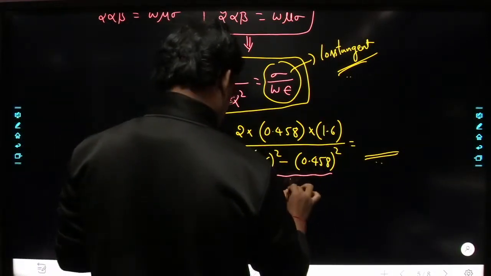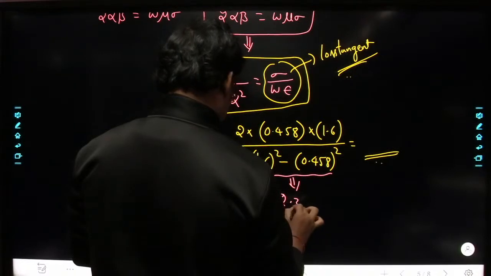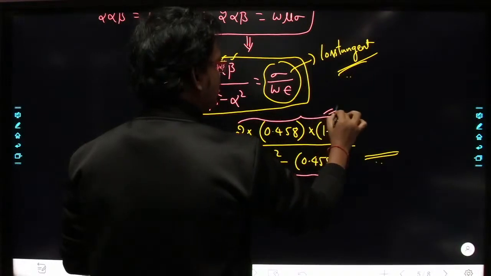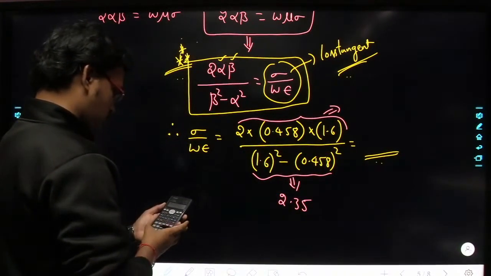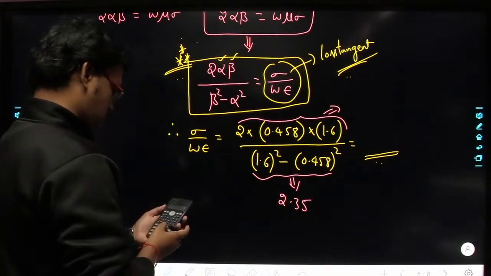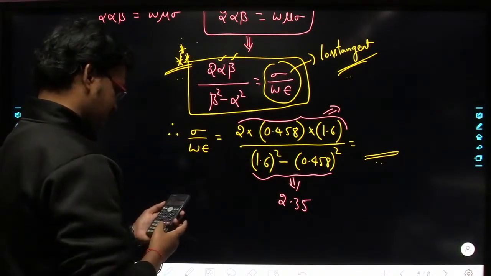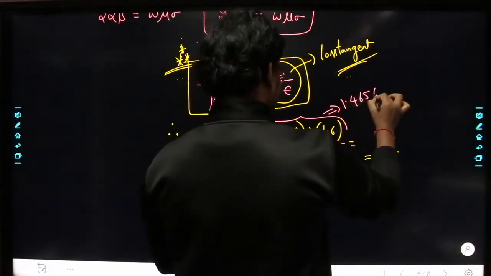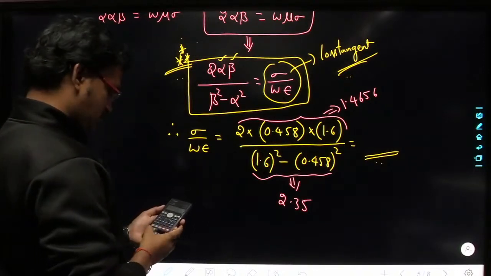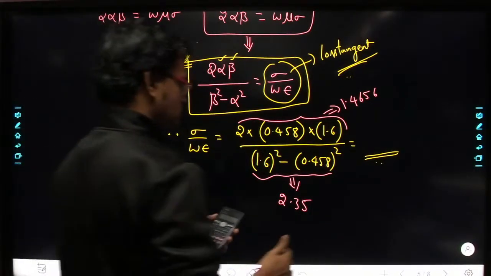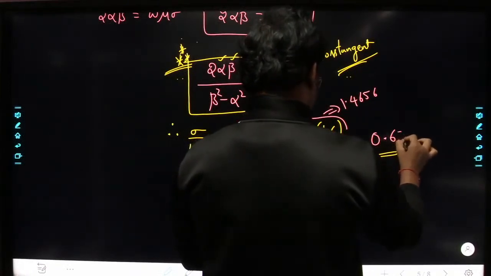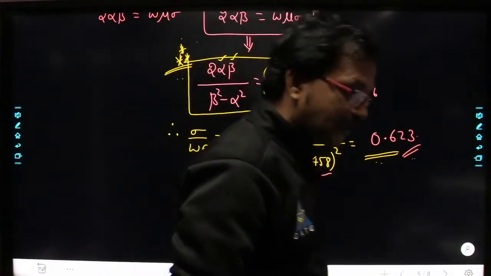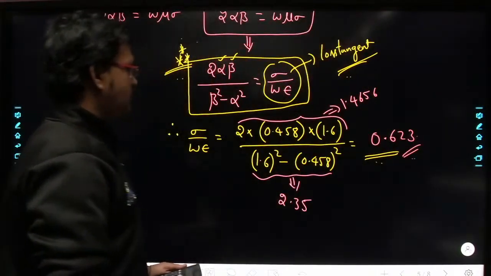So this value you will get is 2.35 in the denominator, and in the numerator, 2 into 0.458 into 1.6, that is 1.4656. So this divided by 2.35, you are going to get 0.623 here. So this is the loss tangent, right?